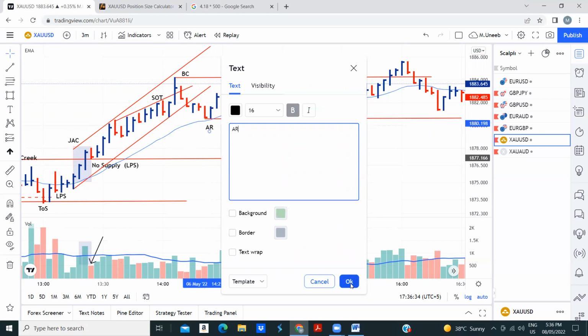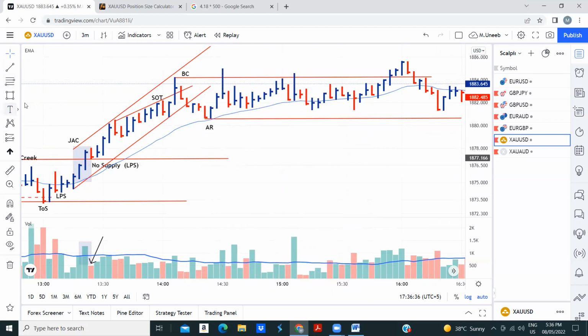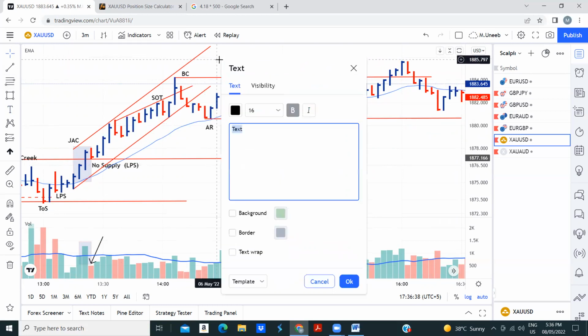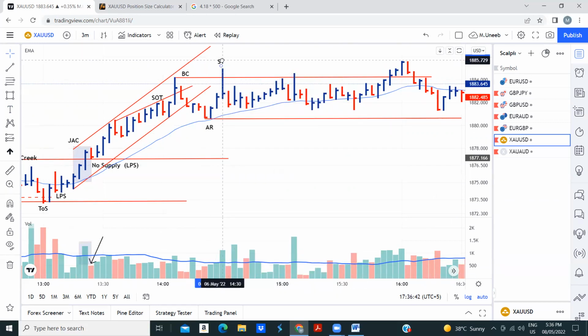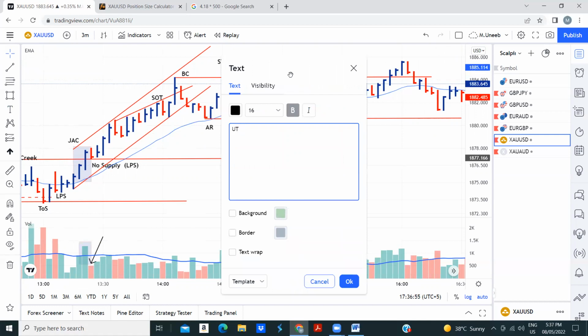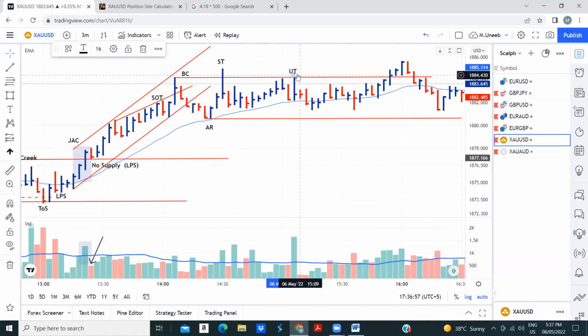Automatic reaction. How about this one? Secondary test. Okay. And after secondary test, this is what? Upthrust. Yeah, you can call it upthrust, UT. And after UT, what is that?